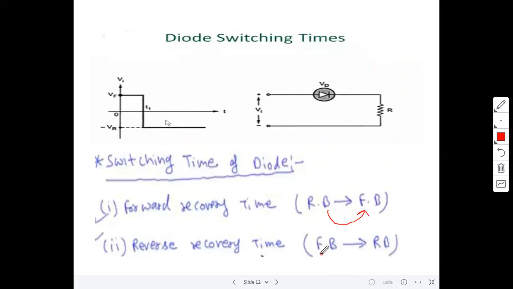Similarly, reverse recovery time: the diode is in forward bias, suddenly we apply negative voltage and it enters reverse bias; how much time does it take? These two are called the diode switching times.